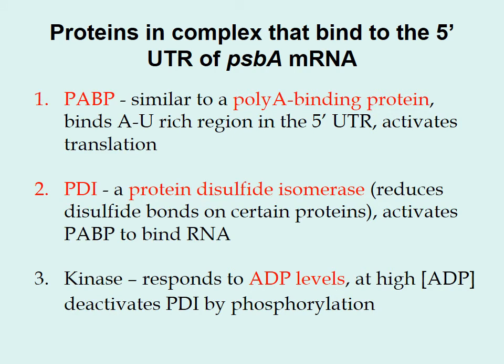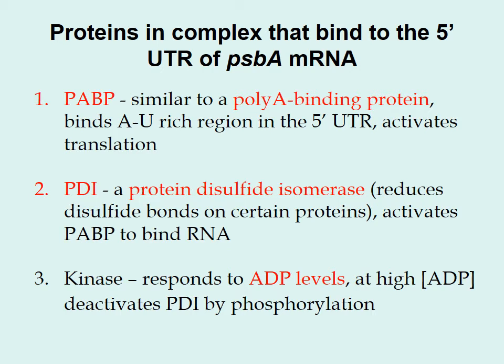Now proteins in complex that bind to the 5 prime untranslated region of the psbA. Here PABP, this is similar to poly A binding protein, binds to the AU rich region in the 5 prime untranslated region and activates the translation.